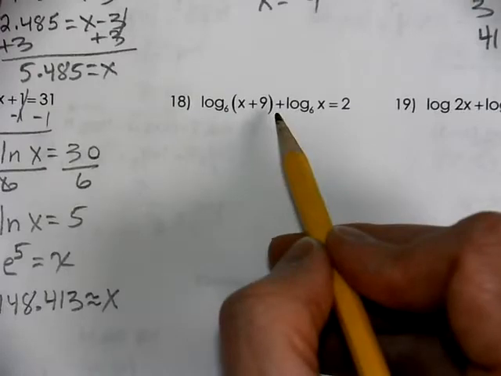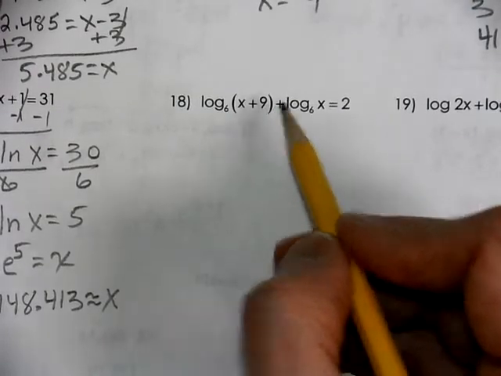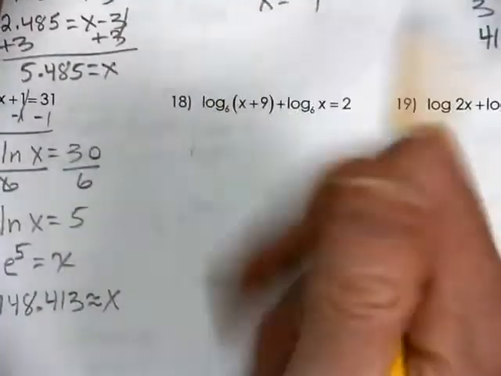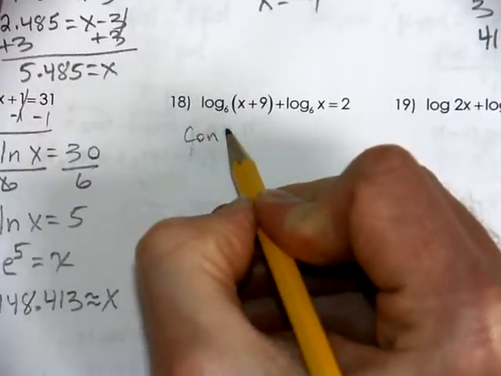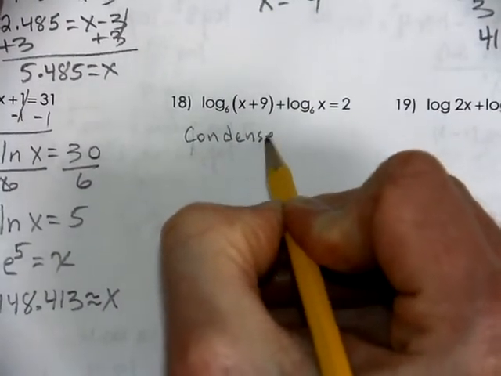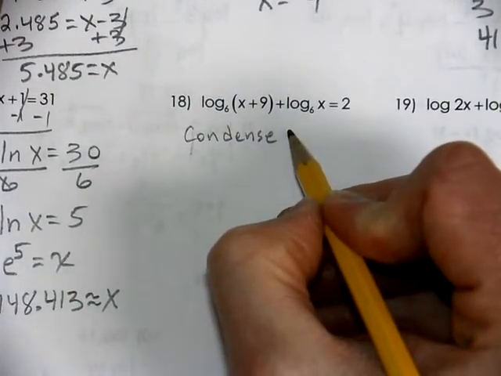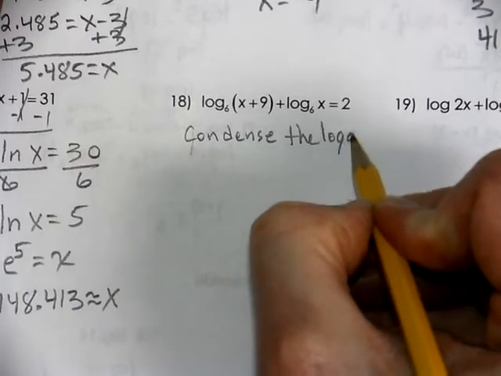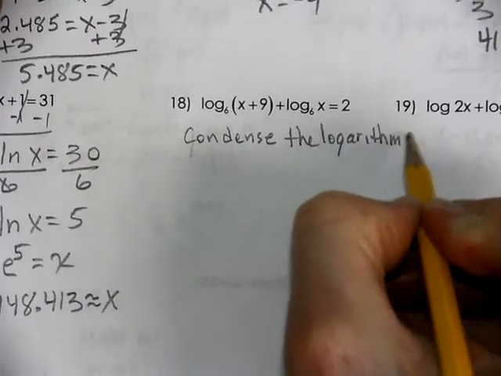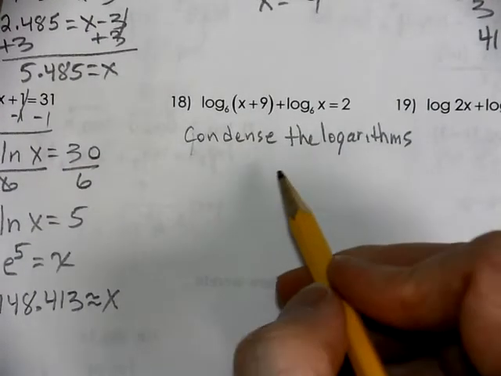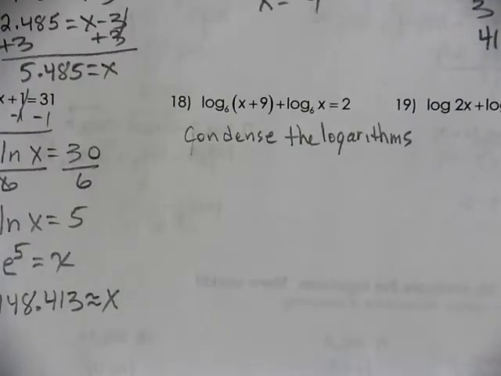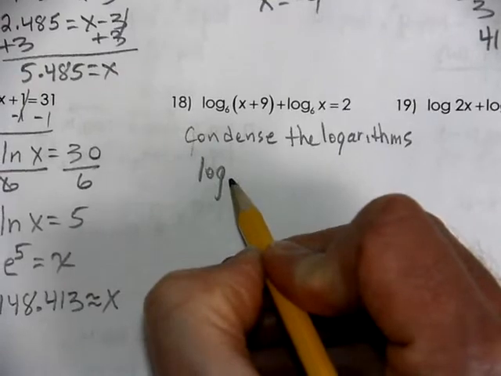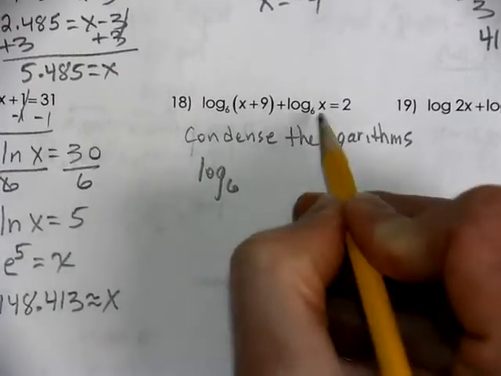We have 2 logarithms that are being added together, so we need to condense. I'll make that note here. So we're going to have log base 6.